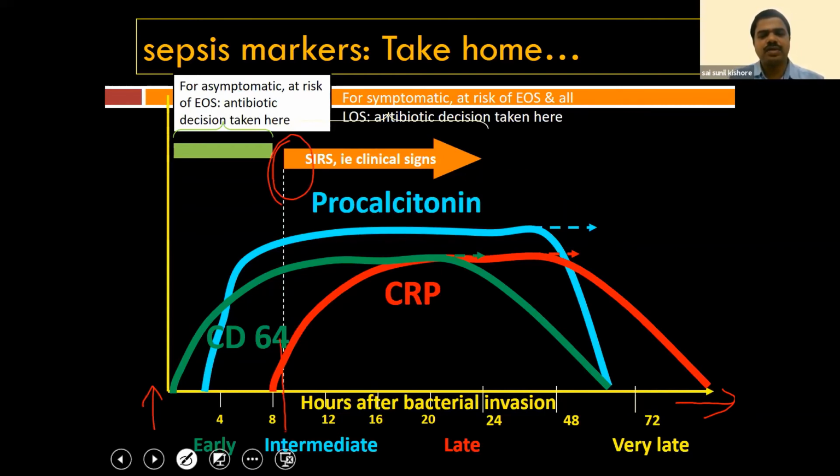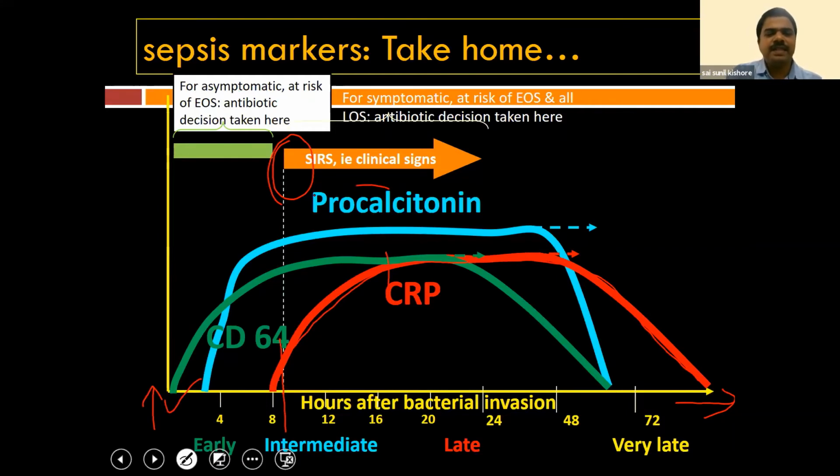After the endotoxemia, the baby will develop features of systemic inflammatory response syndrome, and after that the baby will develop all the symptoms. Subsequently there will be a plateau and it will come down.